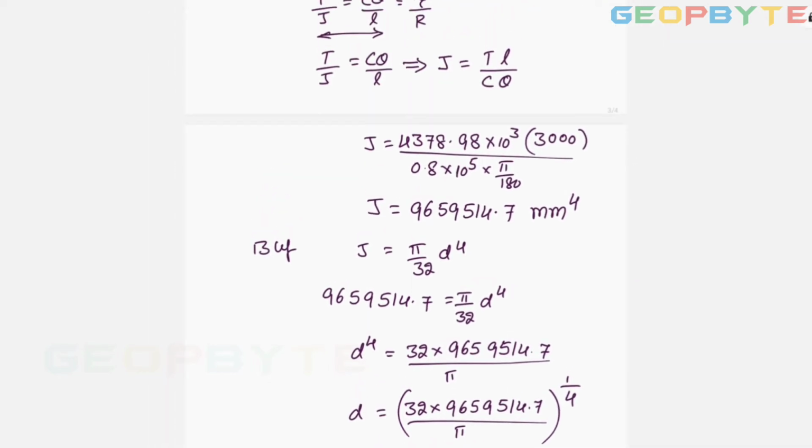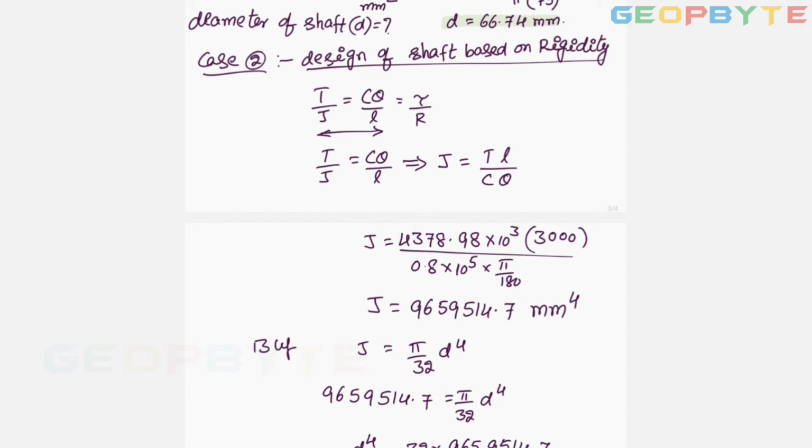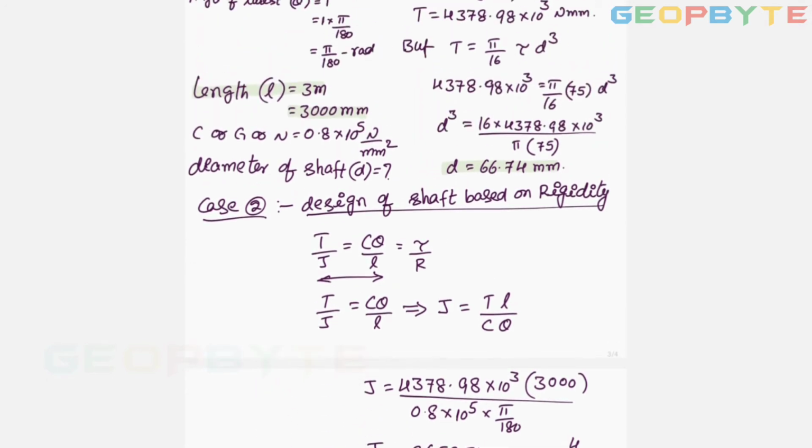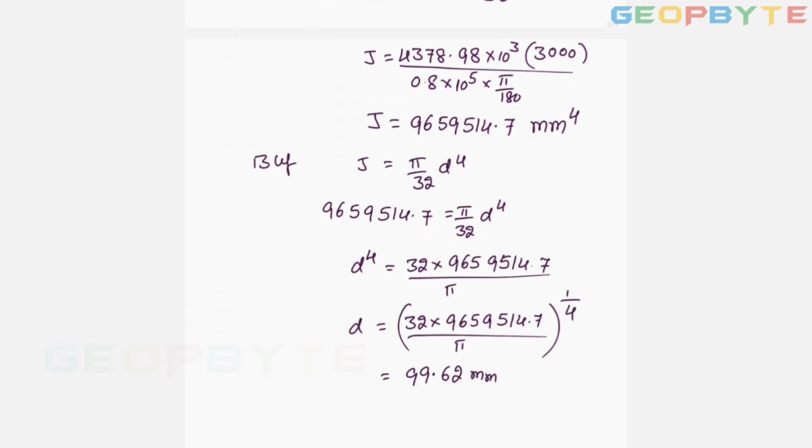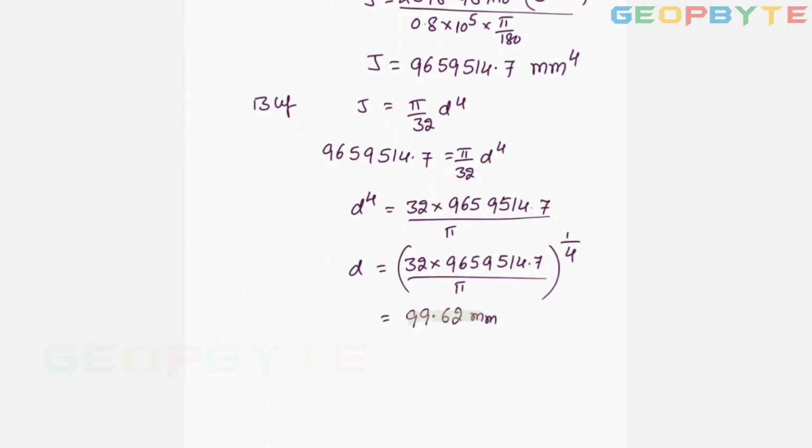Look at the diameters we got. Based on the torsion, diameter is 66.74, whereas based on the rigidity, the diameter is 99.62. Which diameter should be taken among the two? You have to take the greater as the required diameter.